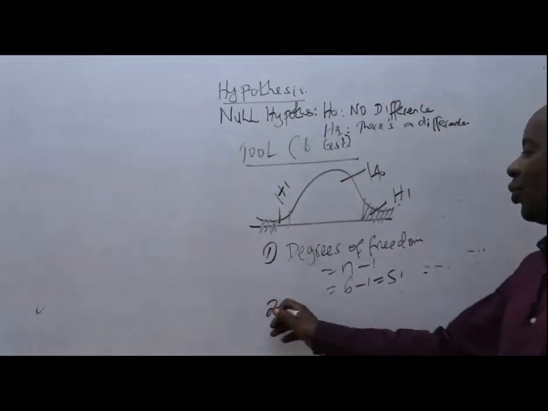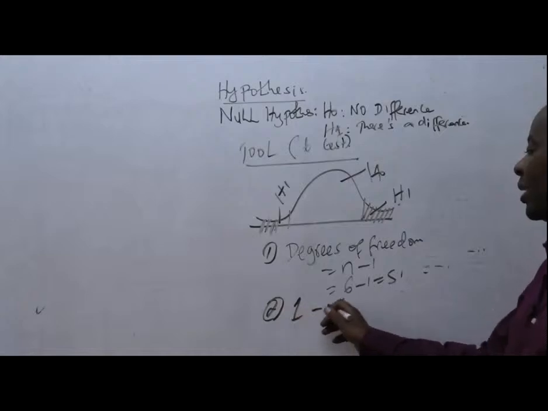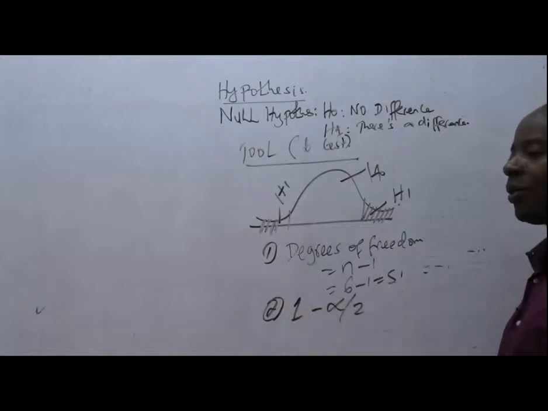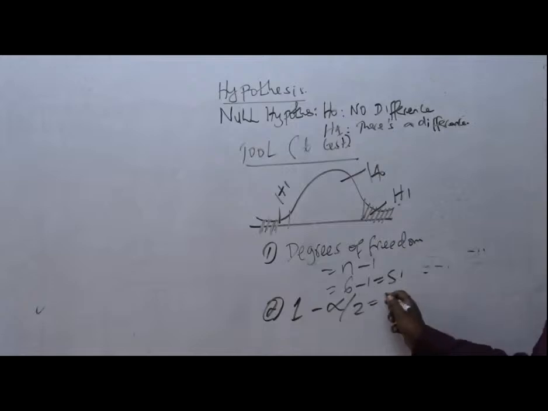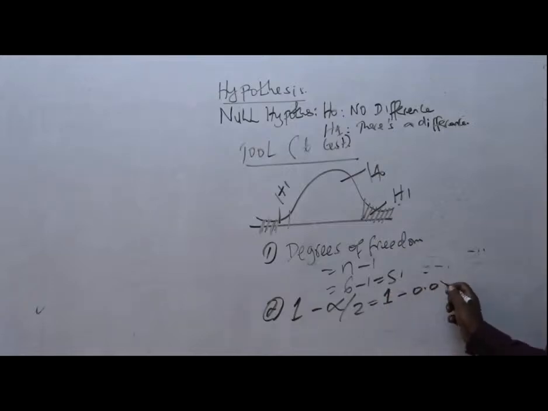And then number 2, we have 1 minus alpha over 2, so this will be 1 minus 0.05 over 2, which will end up giving us what figure?